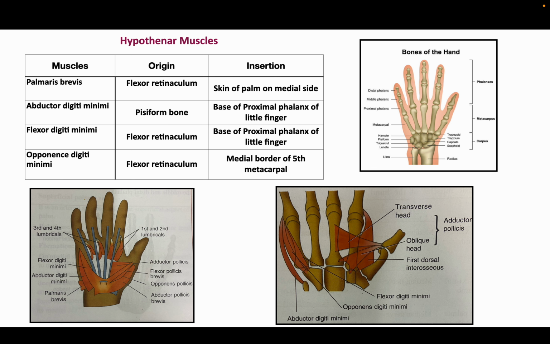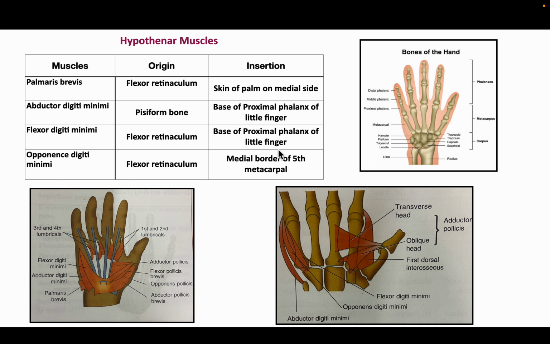And abductor digiti minimi and flexor digiti minimi have a common insertion at the proximal phalanx of the little finger. So this is the proximal phalanx of the little finger, and to the base of this, it receives the insertion of abductor digiti minimi and flexor digiti minimi. And opponens digiti minimi inserts on the medial border of the fifth metacarpal bone.